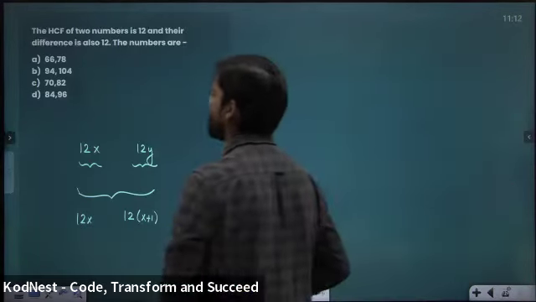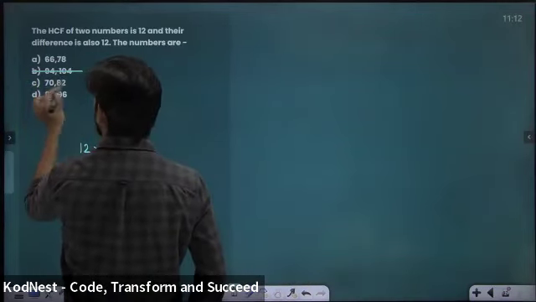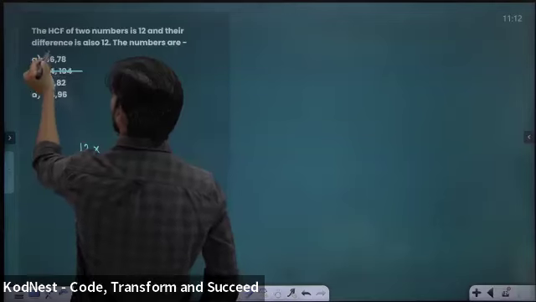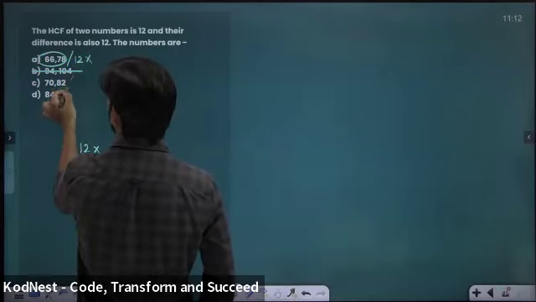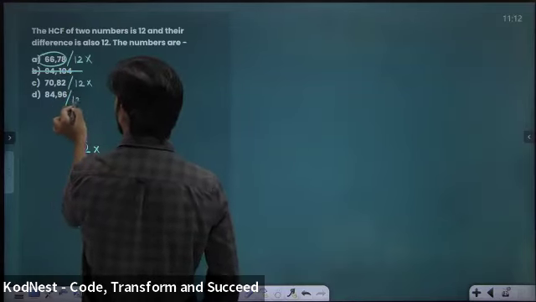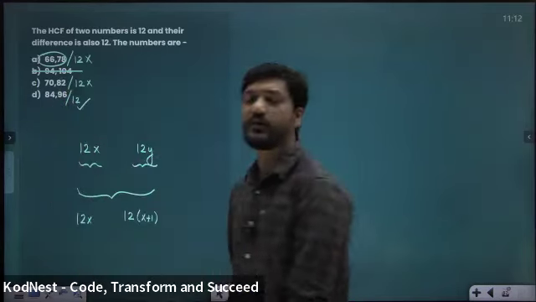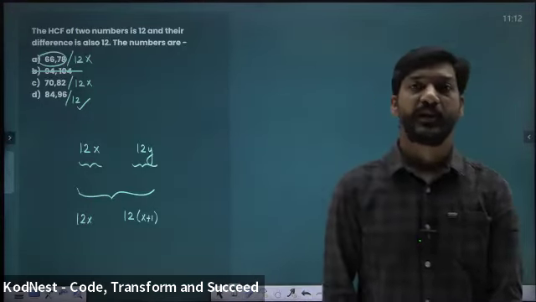D option. Difference is 12, difference is 10. Okay, wrong. Difference is 12, difference is 12. Okay, 12 is not a factor, not divisible by 12, so obviously wrong. Divisible by 12. So 12 is right for this.